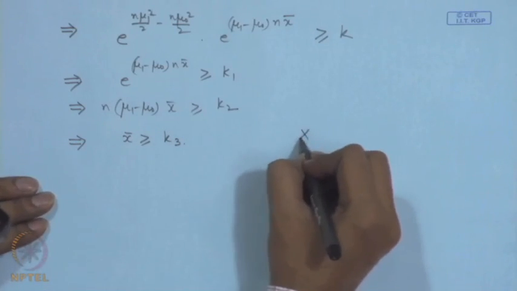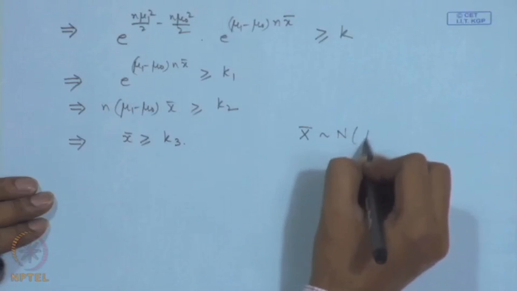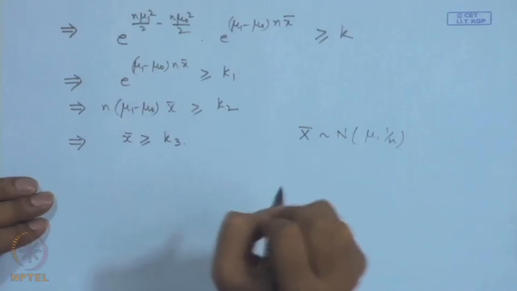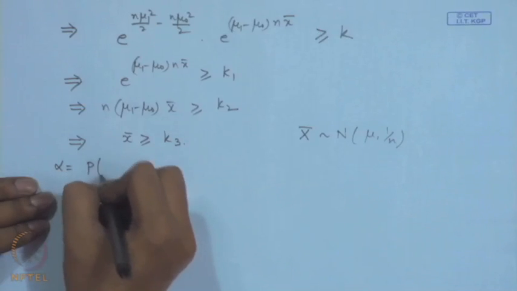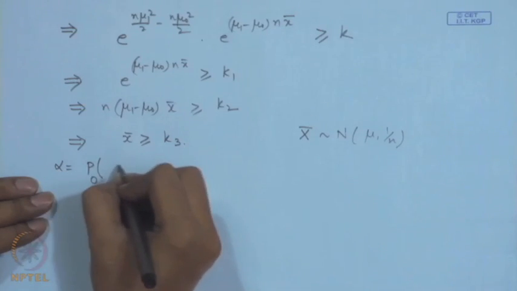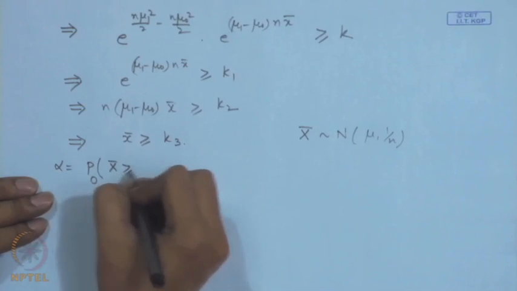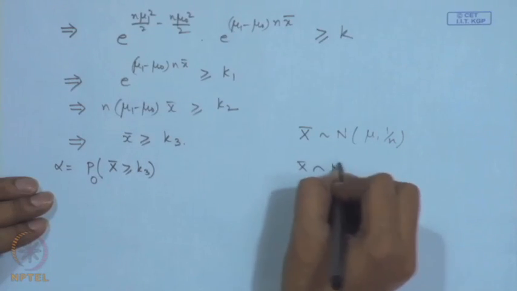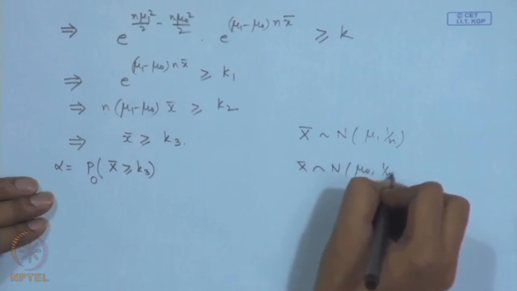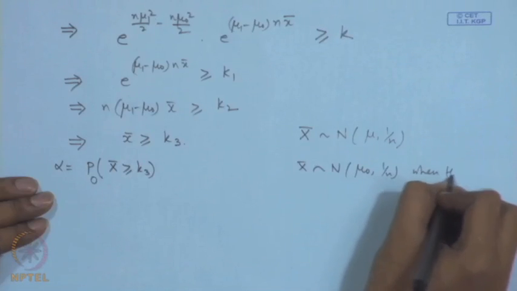Now, the distribution of x bar is normal mu, 1 by n. So, when we consider alpha, that is the probability of rejecting H naught, then here x bar follows normal mu naught, 1 by n when H naught is true.